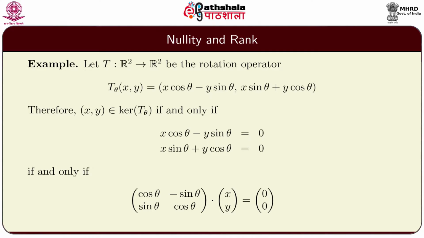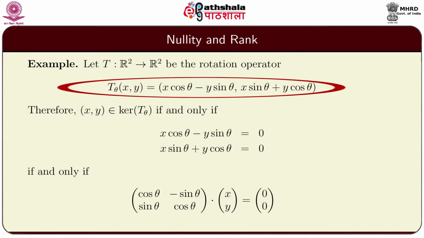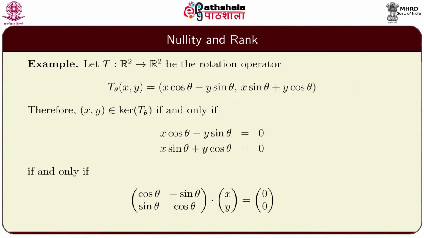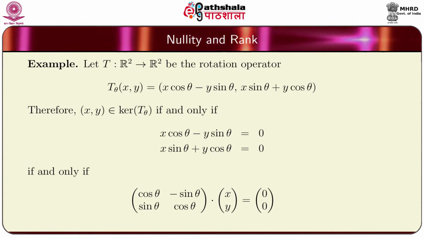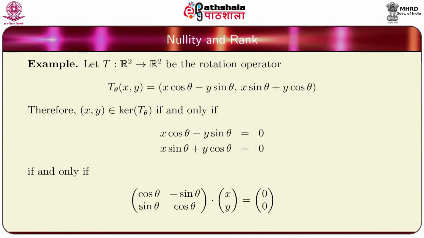Let us look at the example of the rotation operator, which we have already seen before. So, T theta of (x,y) is given by (x cosine theta minus y sin theta, x sin theta plus y cosine theta). This is a linear operator from R2 to R2.